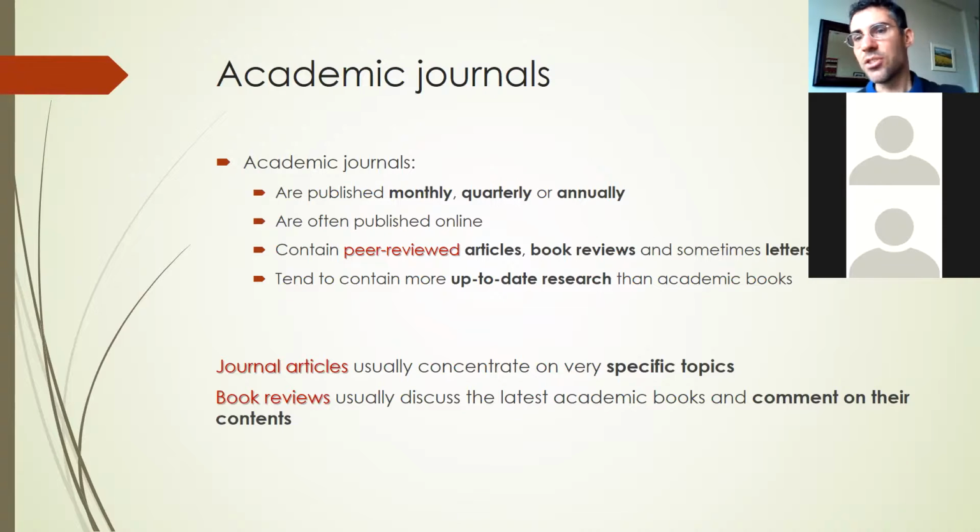Now, academic journals. We've looked at books now, but you also get something called a journal, and they are published monthly or quarterly or once a year. These days, they're usually published online, so it's easier to access them. And they contain peer-reviewed articles, book reviews, and letters. But for our interest, the most important thing is the journal articles.